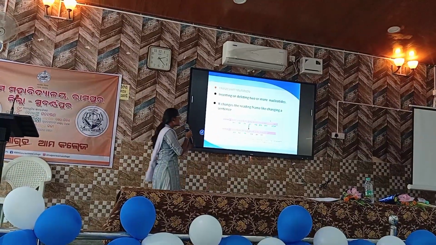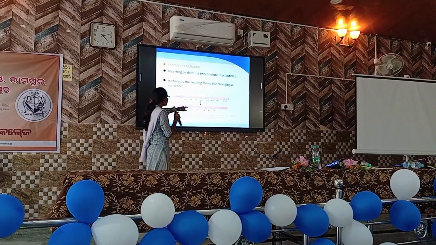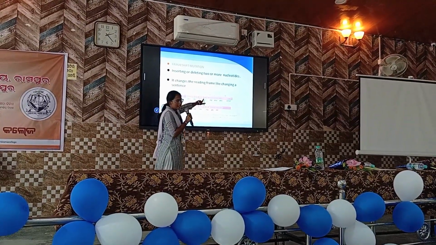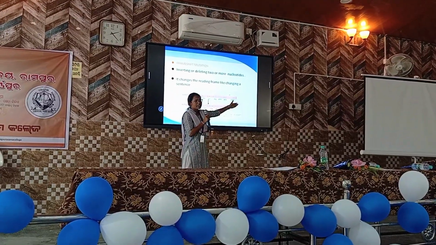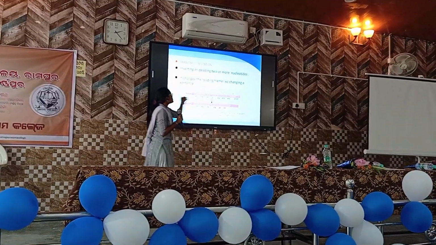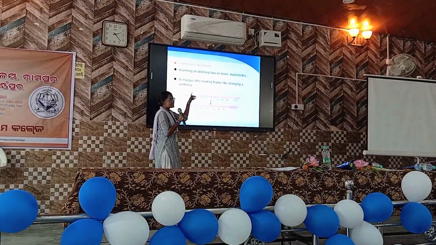Next one is the frameshift mutation. Here, insertion or deletion of a single nucleotide changes the whole reading sequence of the reading strand. It changes the reading frame, like changing a sentence.